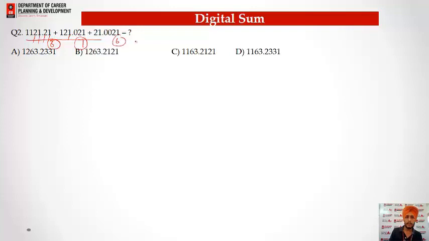So the final digital sum will be 8 plus 7, 15 plus 6, that is 21, so the final digital sum will be 3. So let's check the options.